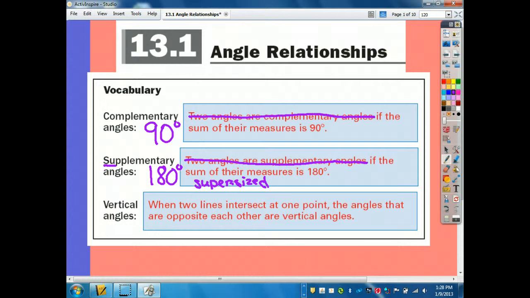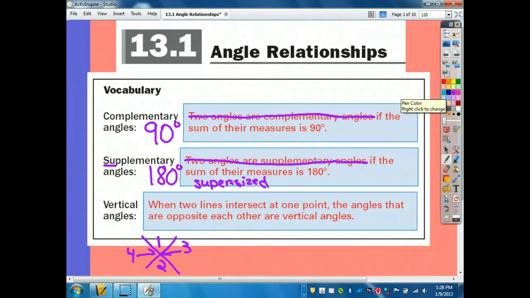Vertical angles, you have to write all that down for vertical angles. That's when you have an intersection like this, and these are vertical. 1 and 2, those are equal. And then you'd have these two vertical angles, labeled 3 and 4. They would be the equal vertical angles.